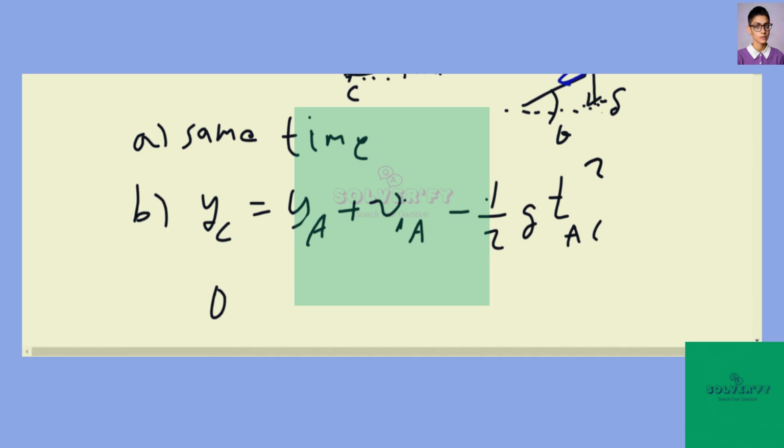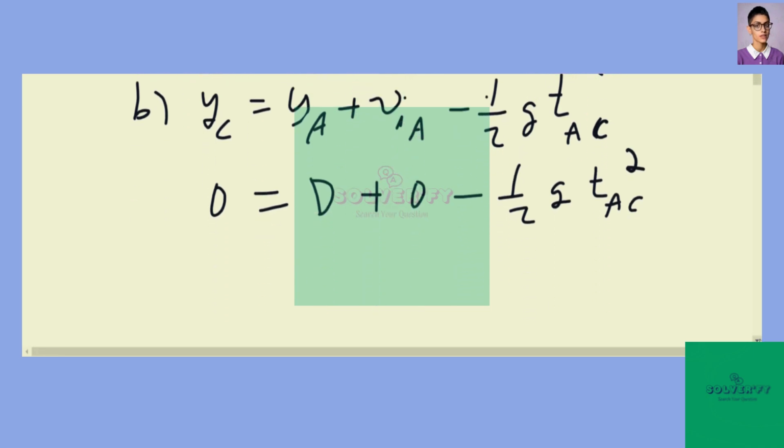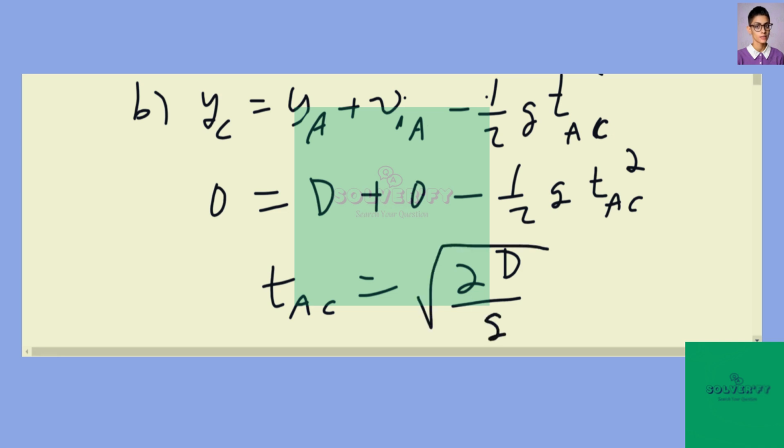We know that this is 0. We know that this is D, 0, minus 1/2 g t AC squared. And when we solve for t AC, the time for the red bead to freely fall from A to C, we have that time to be the square root of twice D over g.